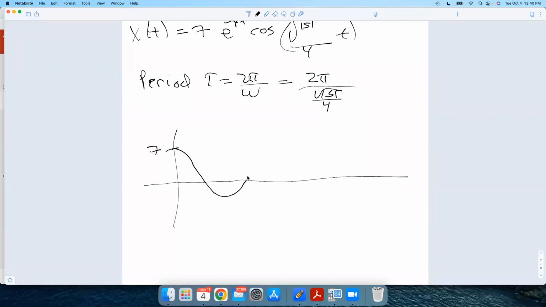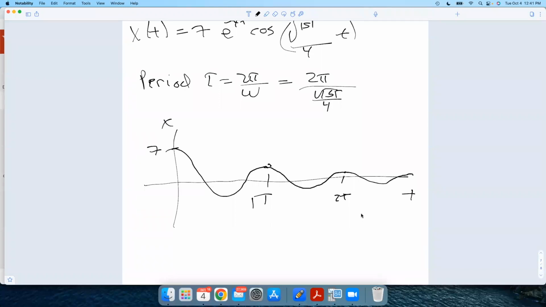Here's one period, and I'm not going to go quite as high by the time I reach the end of that period, but now I'm at 1 period. And then for the next period, I'm not going to go as high again, but it's still going to take the same amount of time to go through a complete cycle. There's 2 periods and so forth. So here's time, here's position. That's what a graph would look like.